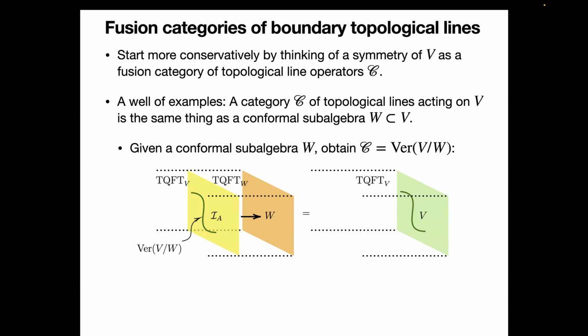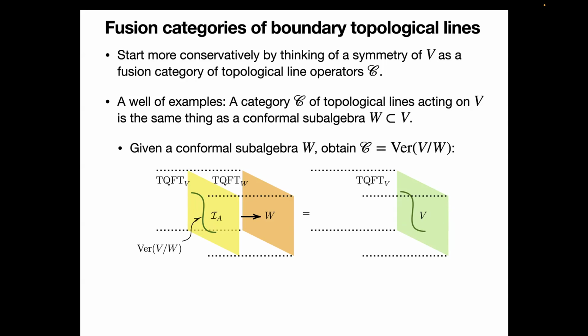If you have a conformal subalgebra, you can use it as the physical boundary condition of a SymTFT construction. That conformal subalgebra W is itself a chiral algebra, and therefore itself lives on the boundary of some TQFT. The non-trivial claim is that by virtue of W sitting inside of V, there's a topological interface between the TQFT of W and the TQFT of V.